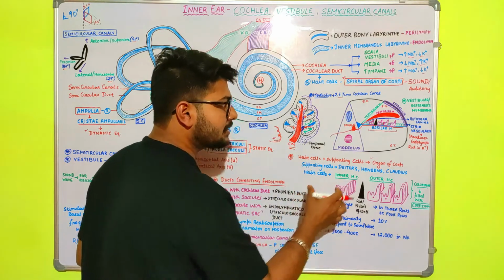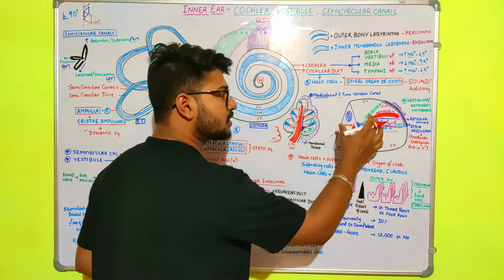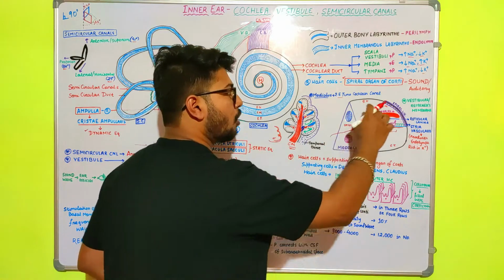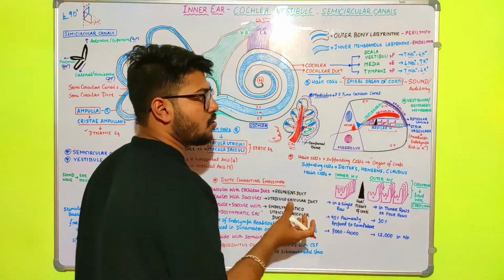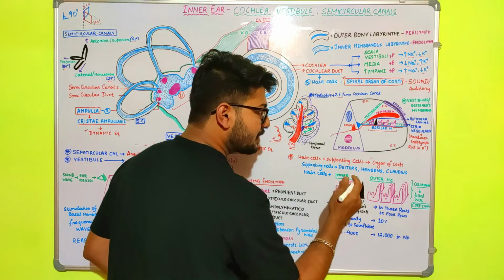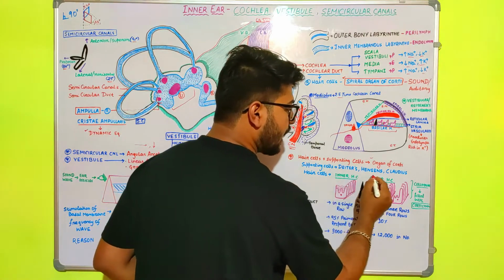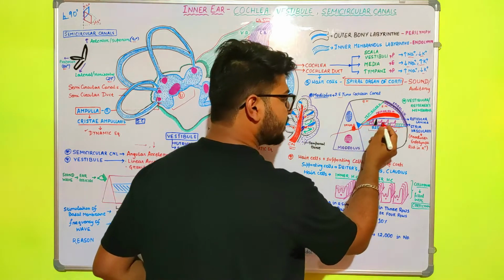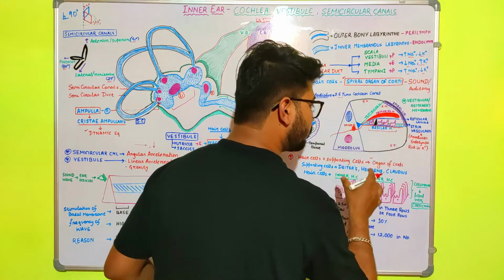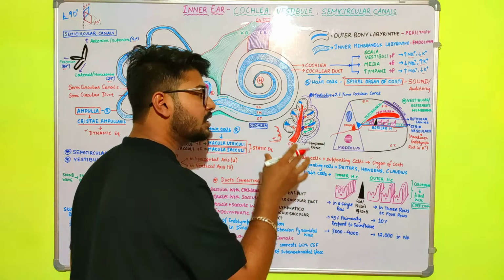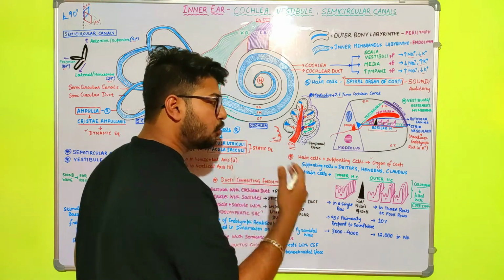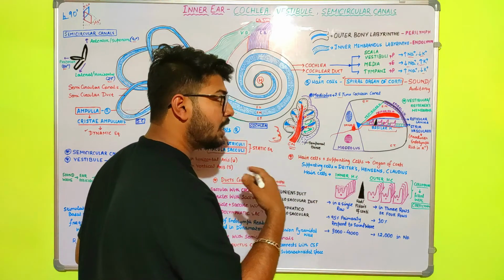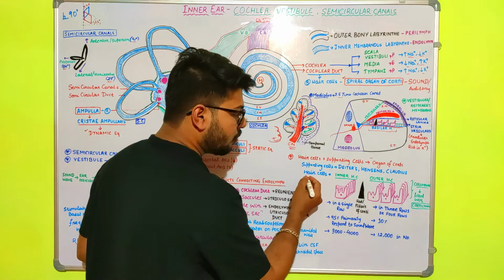The supporting cells are going to support the process of receiving the sound. So what are these cells? They can be Deiters', Hensen's and Claudius cells. These cells are present just beside the actual hair cells, the actual receptors that are going to generate the action potential.